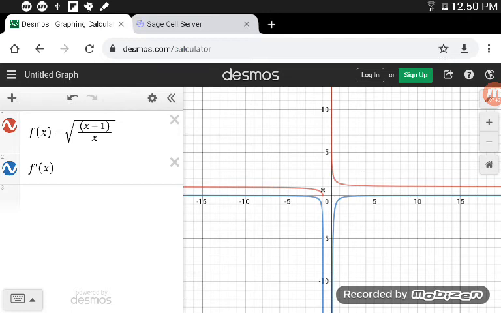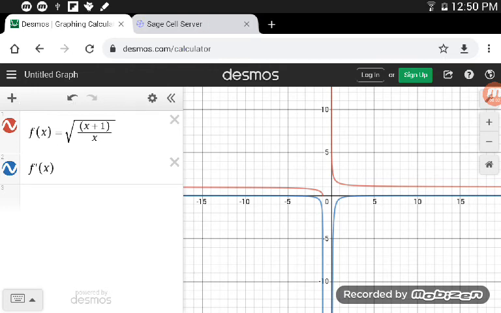But nonetheless, we can see that the blue, the derivative values do match what's going on with the slopes of our original function in red.